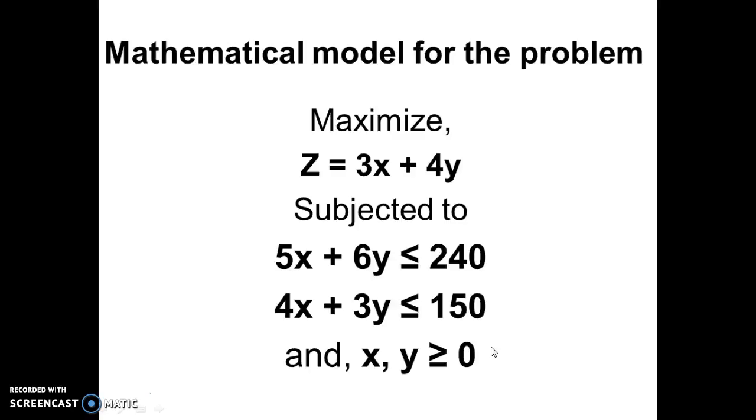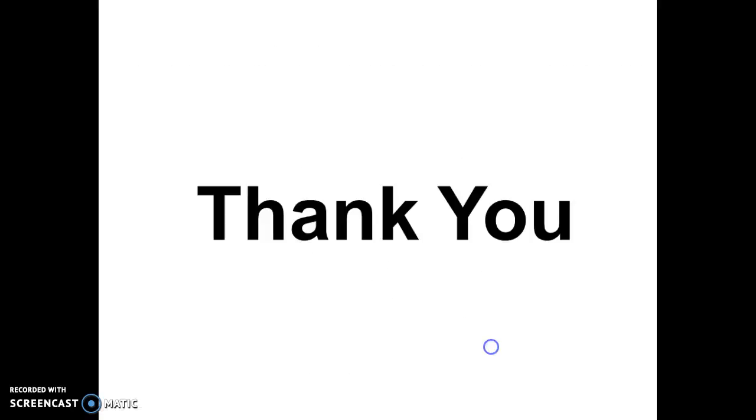So far we have not seen how to maximize or how to obtain the optimal solution for this particular mathematical model. But the most important step is to formulate the problem. Then we can adopt various methods for obtaining the optimal solution. Thank you.